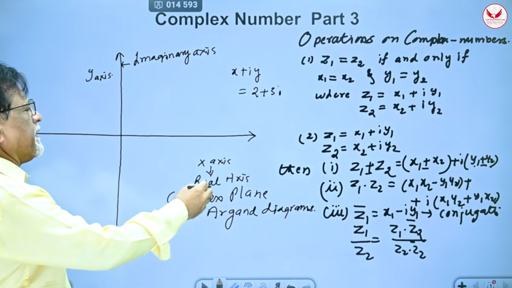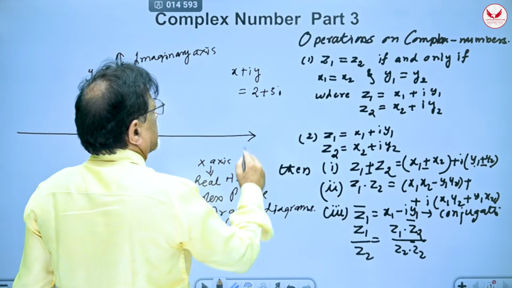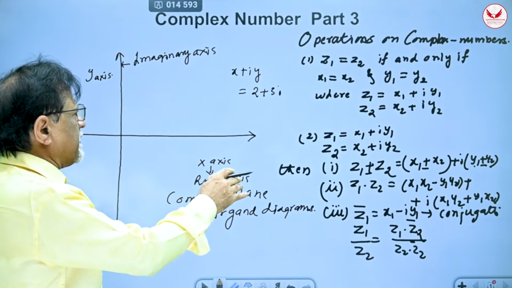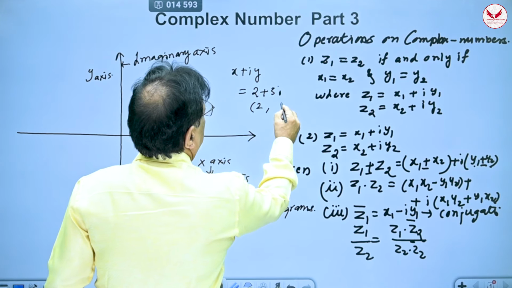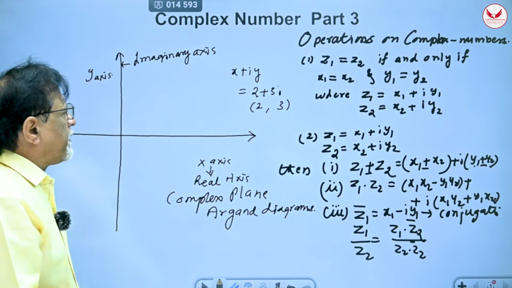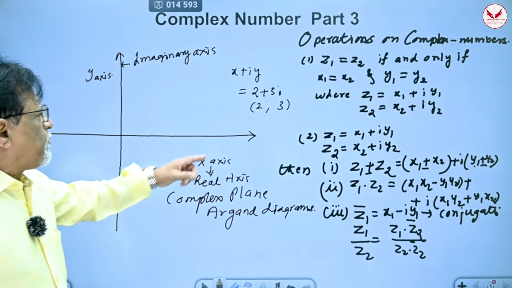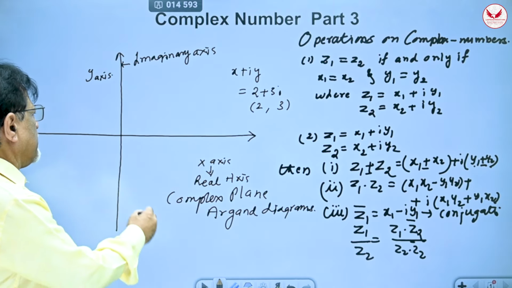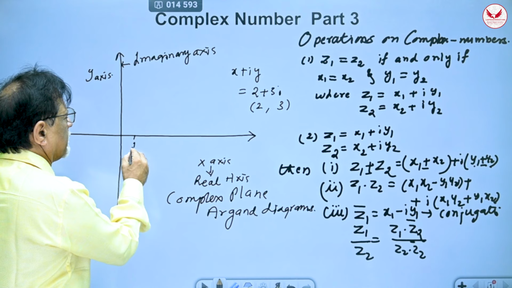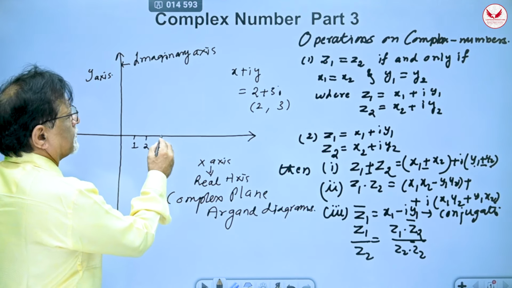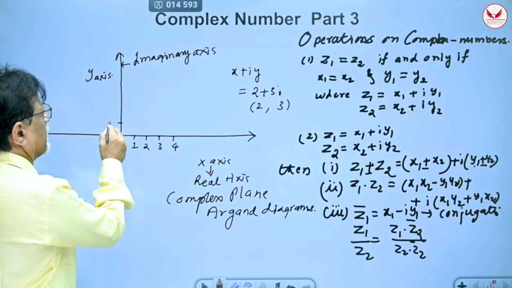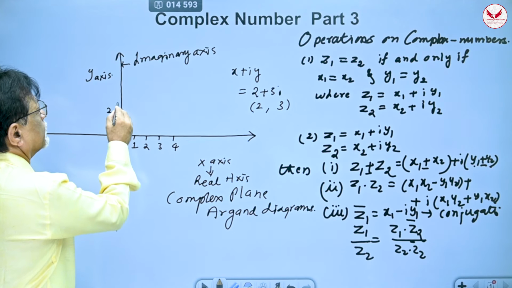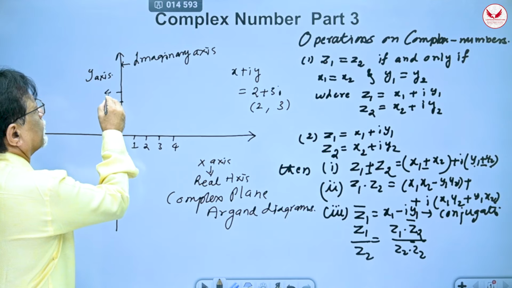So in 2 plus 3i, this 2 and this 3 are never going to mix up. They will always remain separate. So this is actually equivalent to an ordered pair (2, 3). The ordered pair (2, 3) means what? The x coordinate is 2, the y coordinate is 3. So if this is 1, 2, 3, 4, here also it is 1, 2, 3, 4, right?